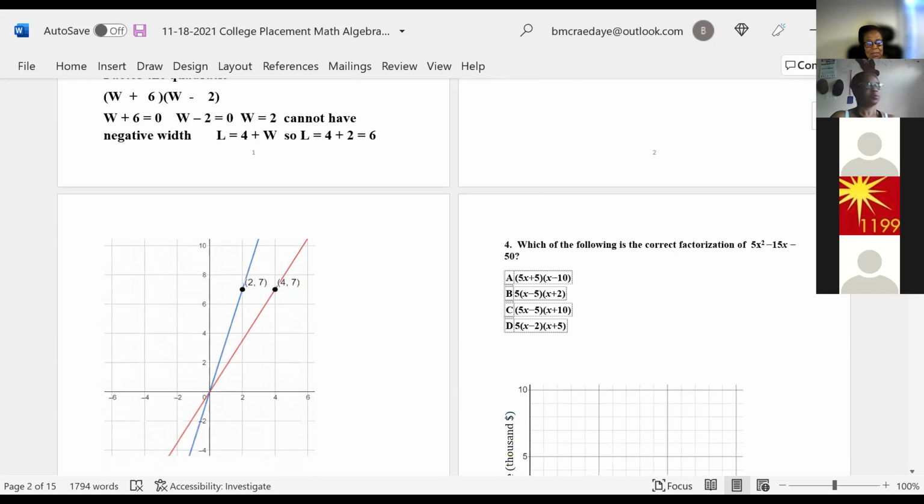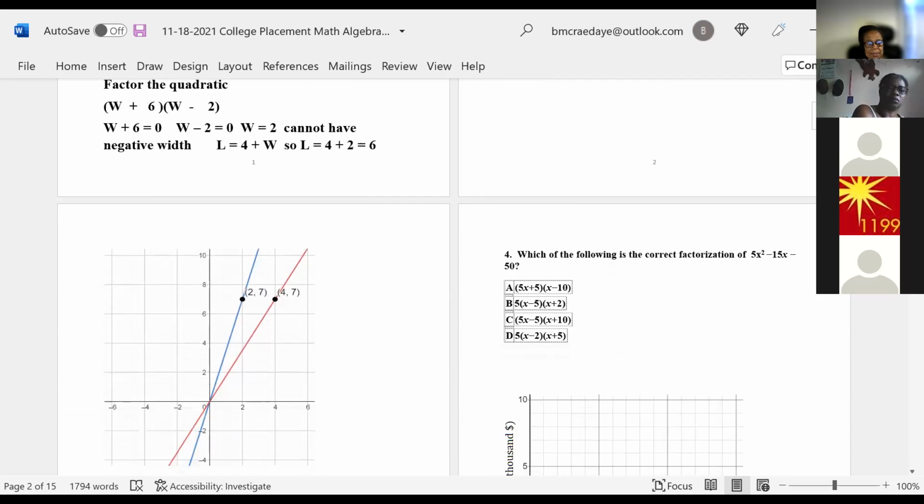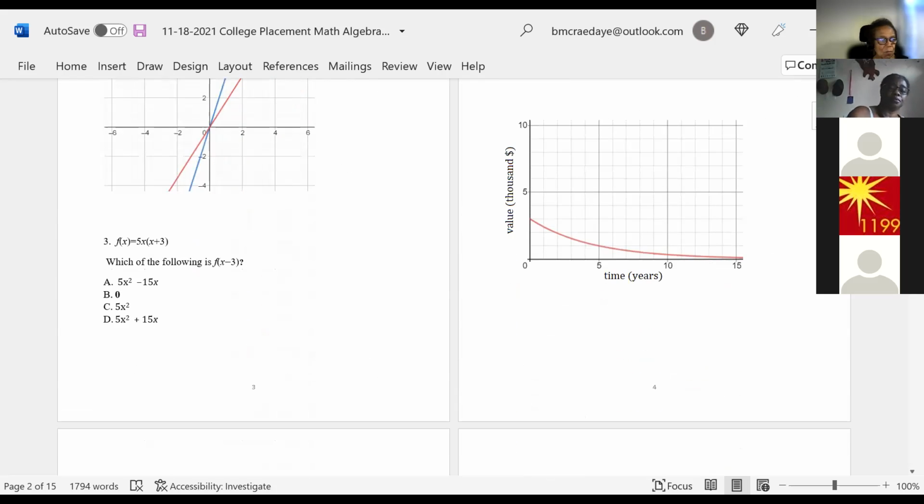Okay, here the red line is Taylor's. This is a linear graph. Yes, it is. That's Taylor's.